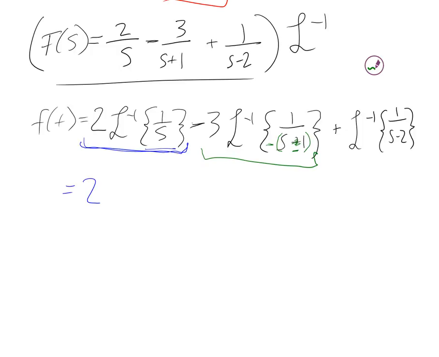If we look in our table of Laplace transforms, for s plus 1, the form is 1 over (s minus a).